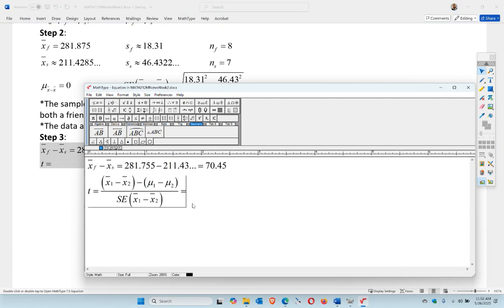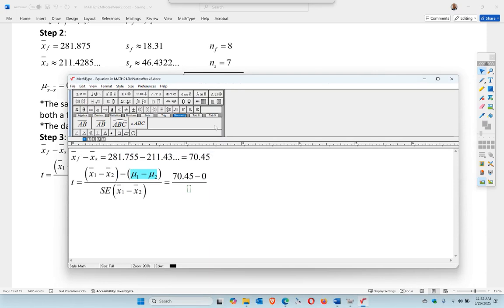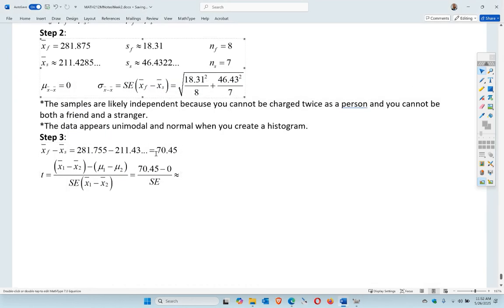Okay, so we have the 70.45 minus 0 because the difference should be 0, right? And the standard error, we don't know. We're just going to leave it as standard error, right? Okay. And approximates. This is where we go to the computer now, right? Okay, so we're going to put the standard error in and get our t.